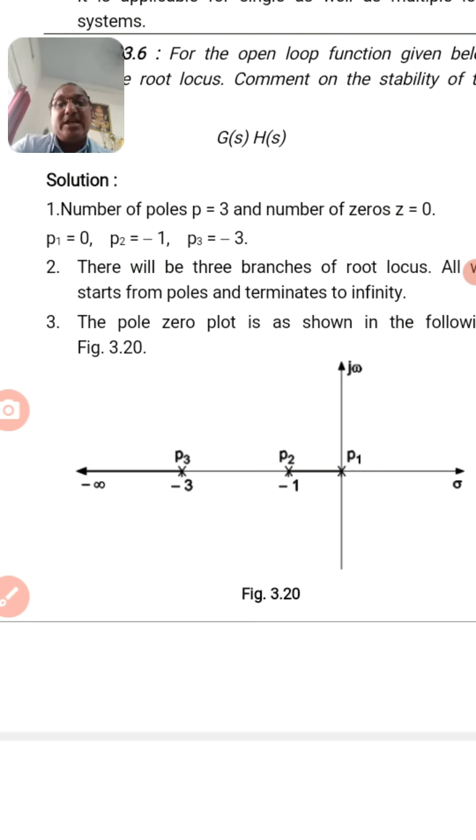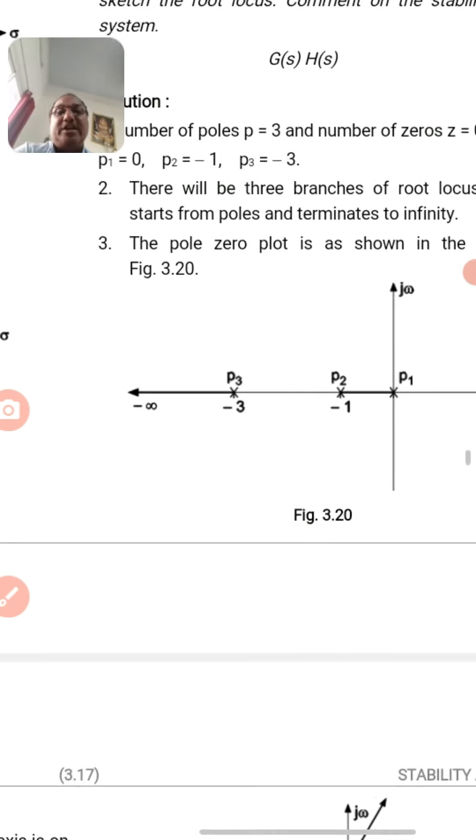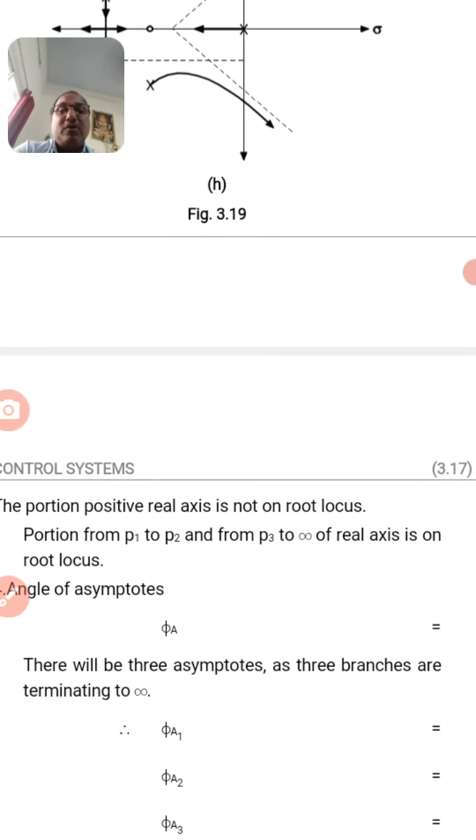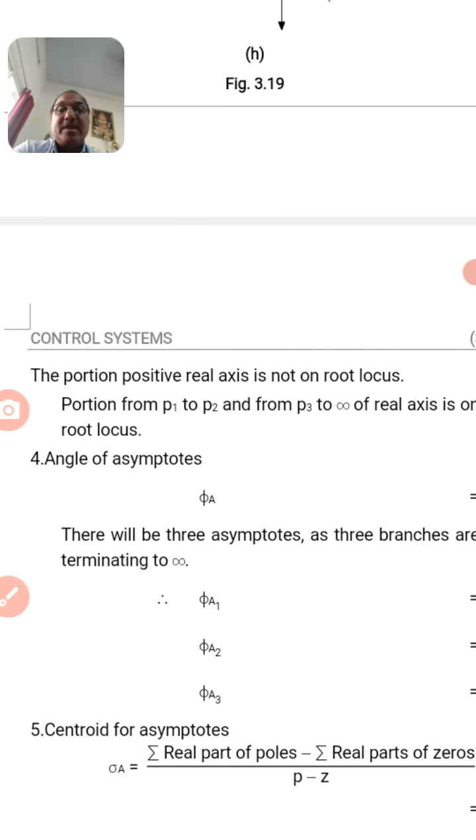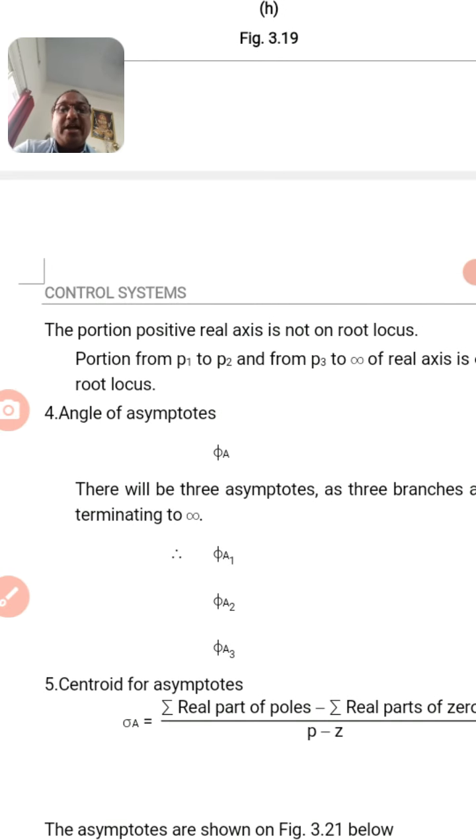Rule number 1 is to plot the poles and zeros on the axis. Then, as I told in the theory, the portion starting from P1 and ending at P2, and P3 to infinity, is the root locus portion. First of all, we will find the angle of asymptotes.